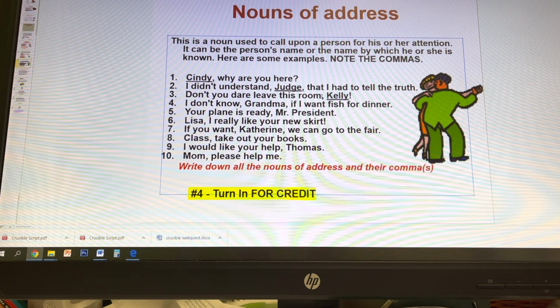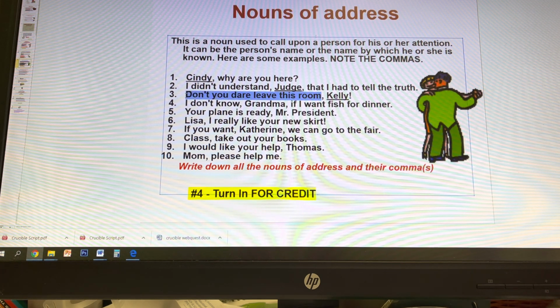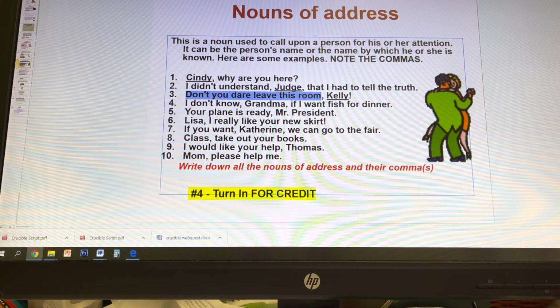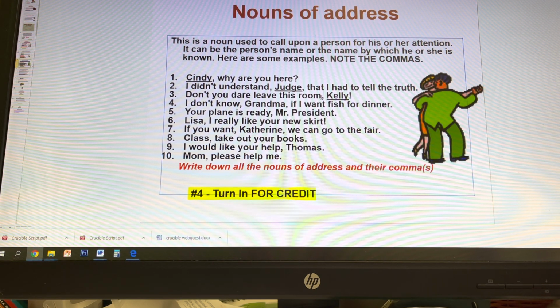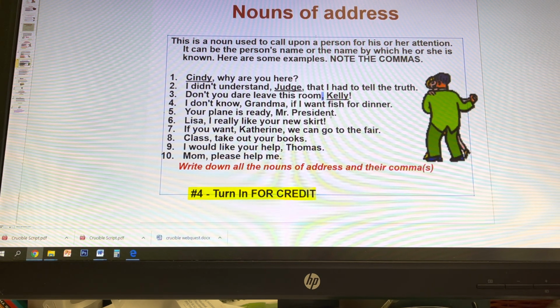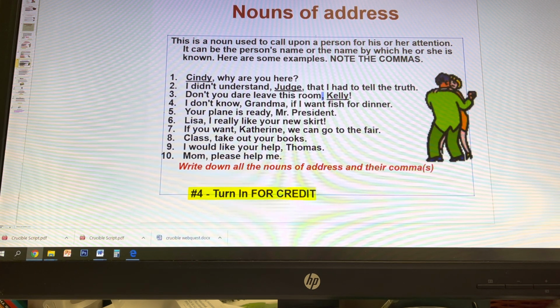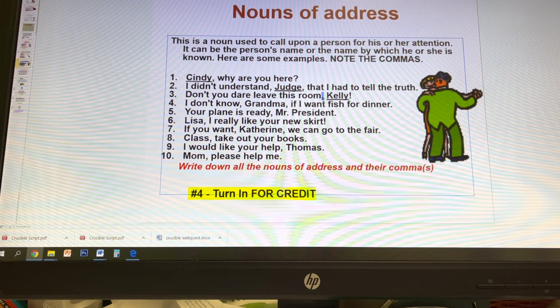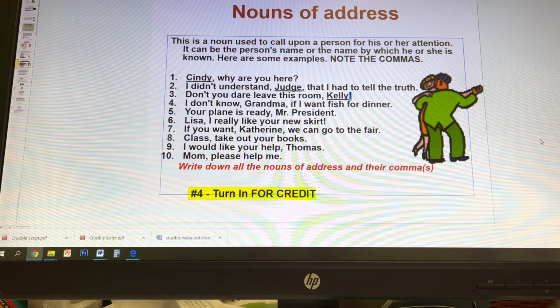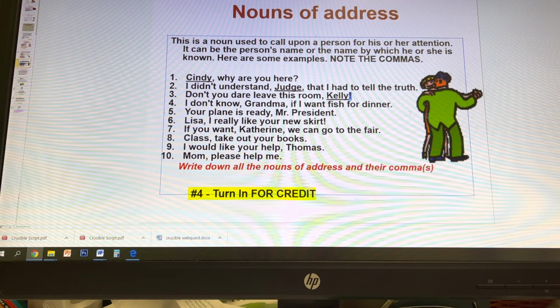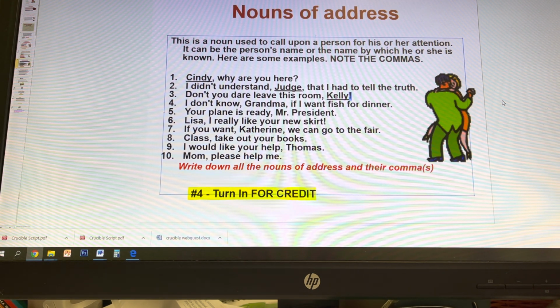We want to show that this portion of the sentence is fine without the noun of address. So what we do is, don't you dare leave this room. That's where the ending punctuation would be if we didn't put in the noun of address. So instead we put in a comma, and then we plop on the noun of address, Kelly, and the ending punctuation. In this case, because we're ticked off at Kelly, we put in an exclamation point.